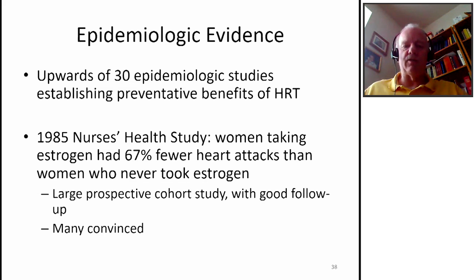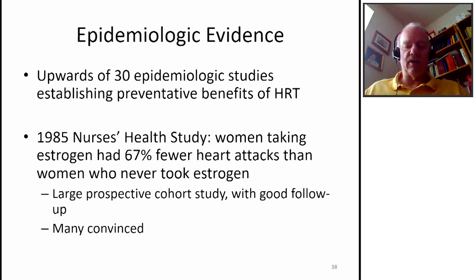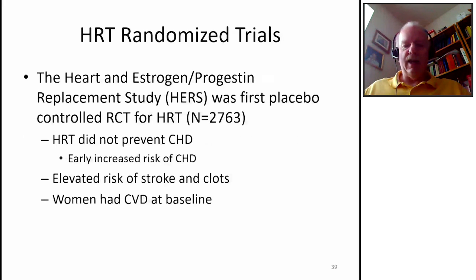Then there was a big study in 1985 called the Nurses' Health Study that showed that women taking estrogen had 67% fewer heart attacks than women who never took estrogen. This was a large study that had good follow-up, and many people were convinced. And then along came the HERS study, the Heart and Estrogen Progestin Replacement Study.